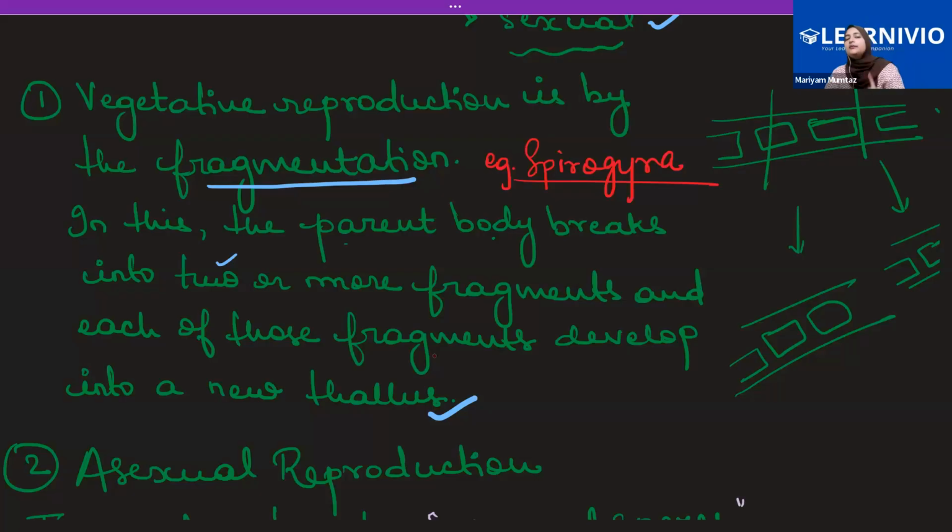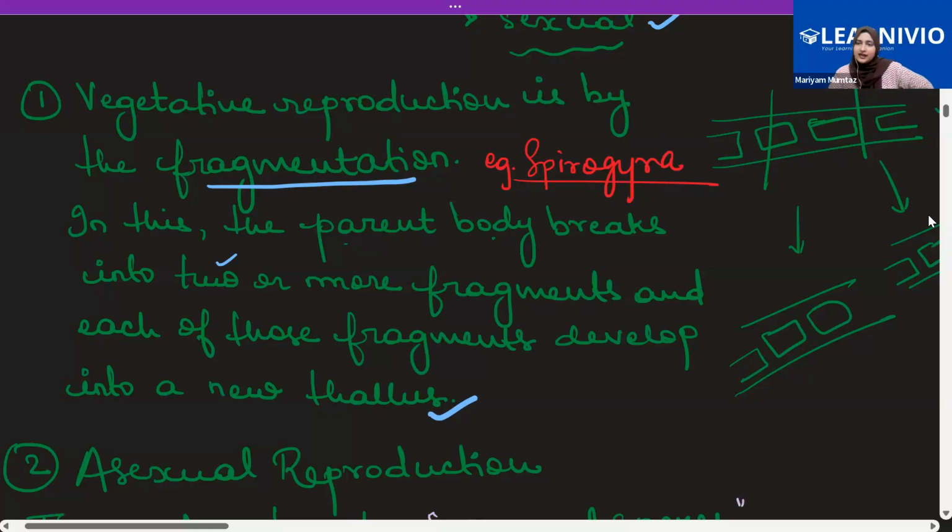What is the difference between fragmentation and regeneration? Like in fragmentation, Spirogyra, the body is breaking, each of the fragments are growing into new organisms. In regeneration, such as in planaria, if you break them into certain parts, each of those parts will grow into new planaria. So what is the difference in between?